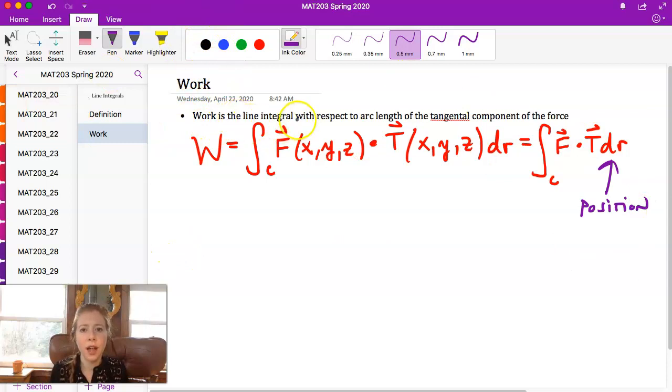So work is a line integral with respect to the arc length of the tangential component of the force.